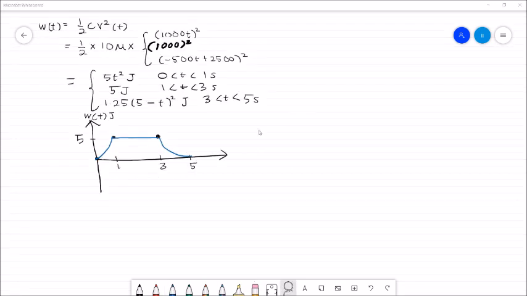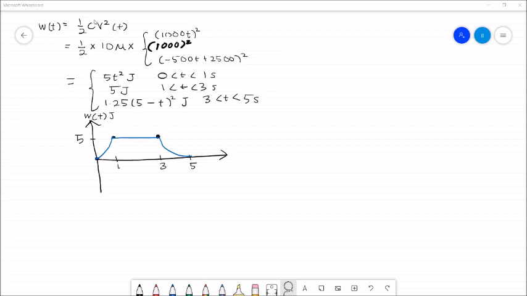To calculate the energy, the energy equation is equal to 1/2 times capacitance times voltage squared. We know the voltage equation from the previous equation.